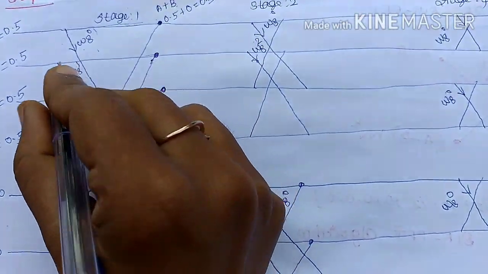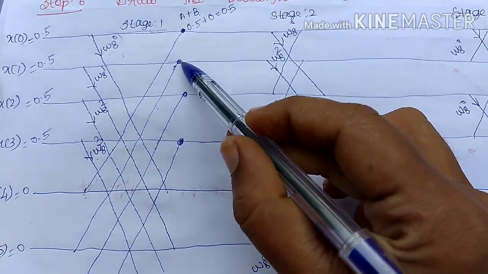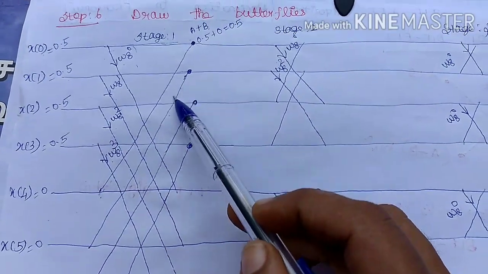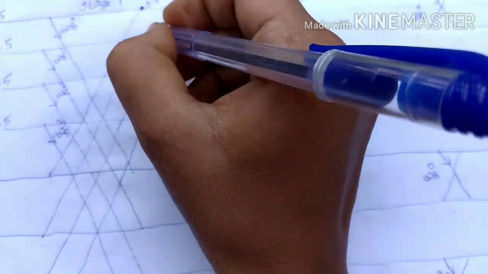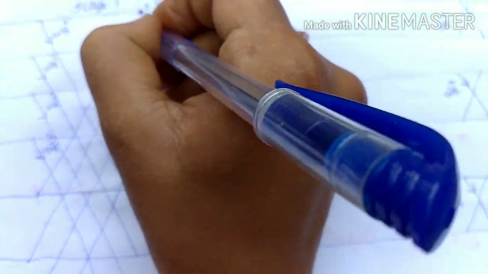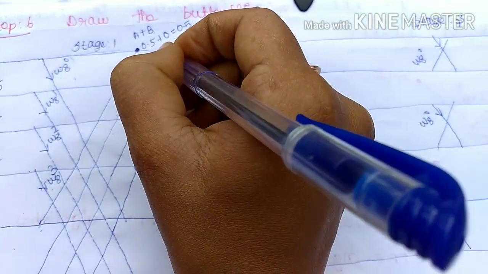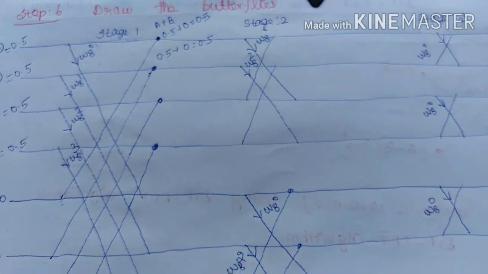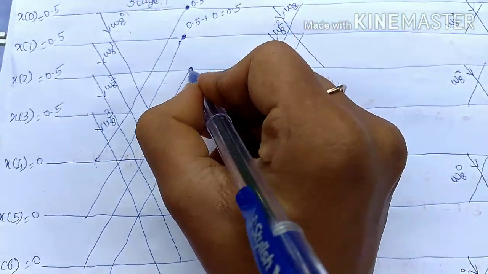Okay, then this point. This point is a connection between this line and this line. So one of my inputs is 0.5 and the other input is 0. So here also for the top word calculation the formula is A plus B. So the answer is 0.5. Okay, then another point, the third point.